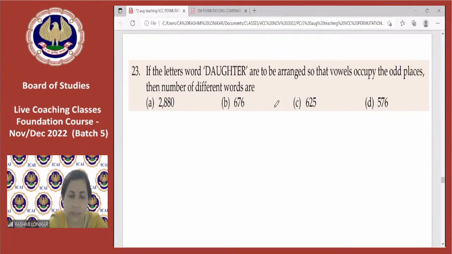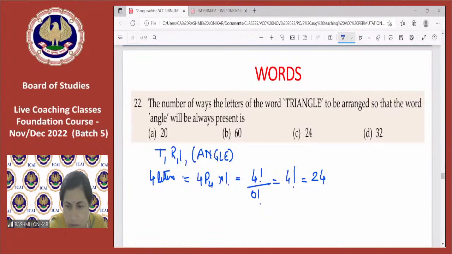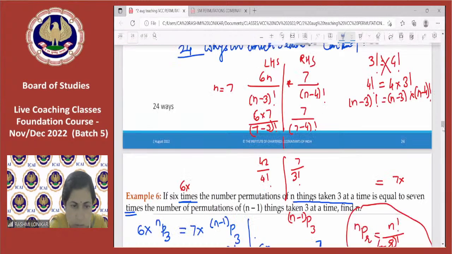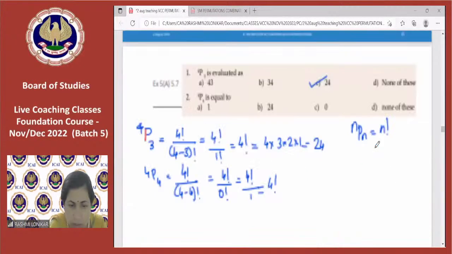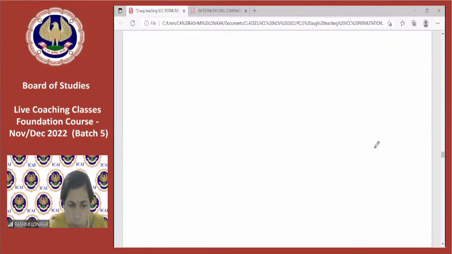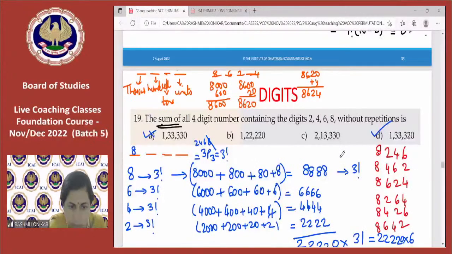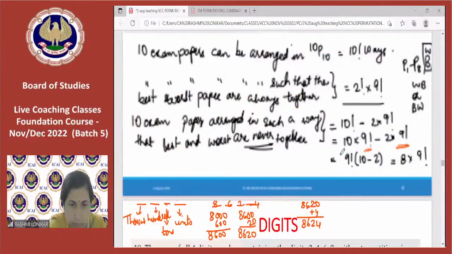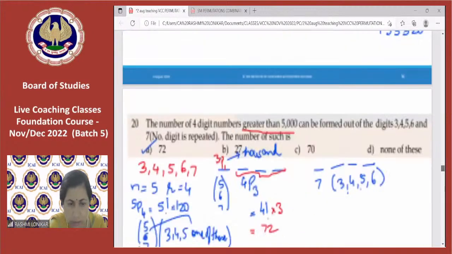Now, like we did in the earlier sum, I'll show you. In FAILURE, what did we do? We sorted the consonants and the vowels, and then we proceeded further. So we are going to do the same thing over here.